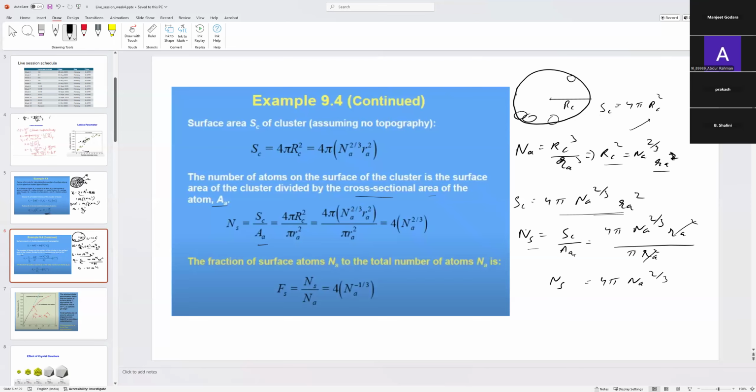And to get the fraction of atoms sitting on the surface, you just divide: Fs equals Ns, your atoms sitting on the surface, divided by Na, which is 4 Na to the power 2 by 3 divided by Na, giving 4 Na to the power minus 1 by 3. Yeah, pi got cancelled here.